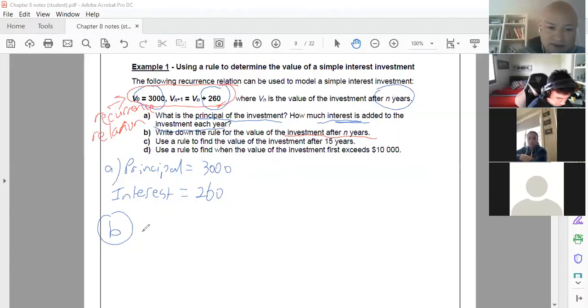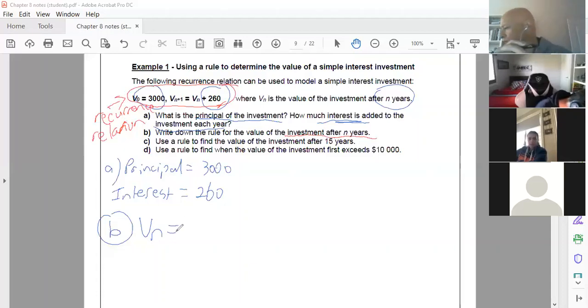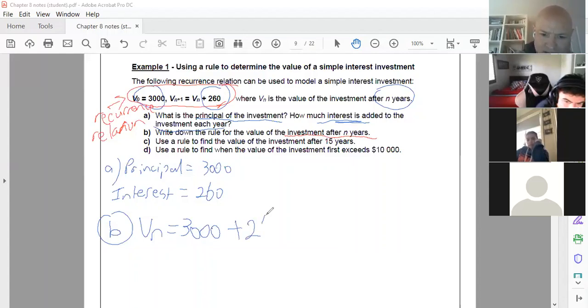Okay, so V of n, because that's what it says, V of n, equals $3,000 is our starting salary. So 3,000, remember the rule says up the top, V of 0, there we go, 3,000, plus every year they're giving us $260.